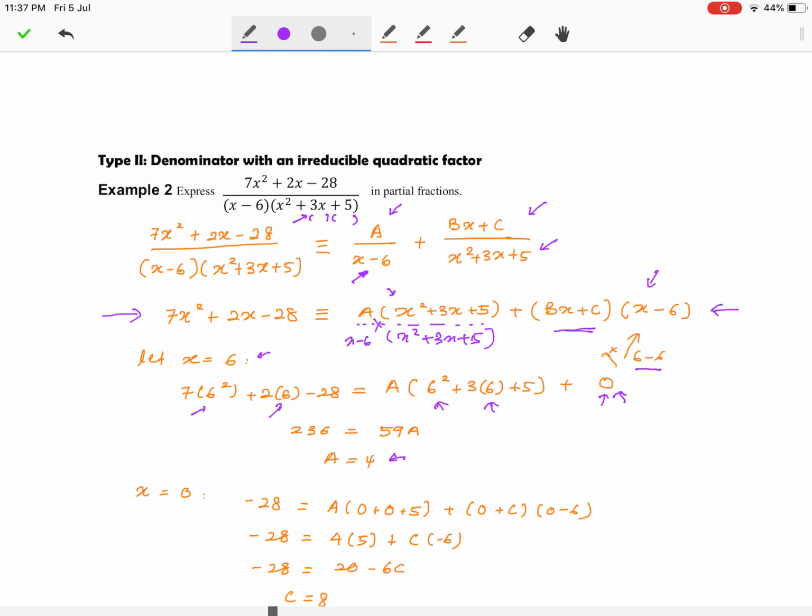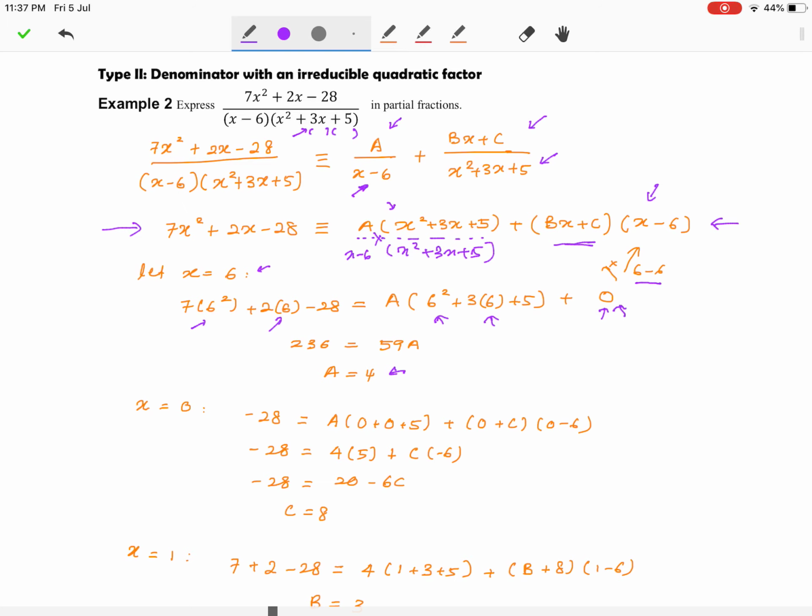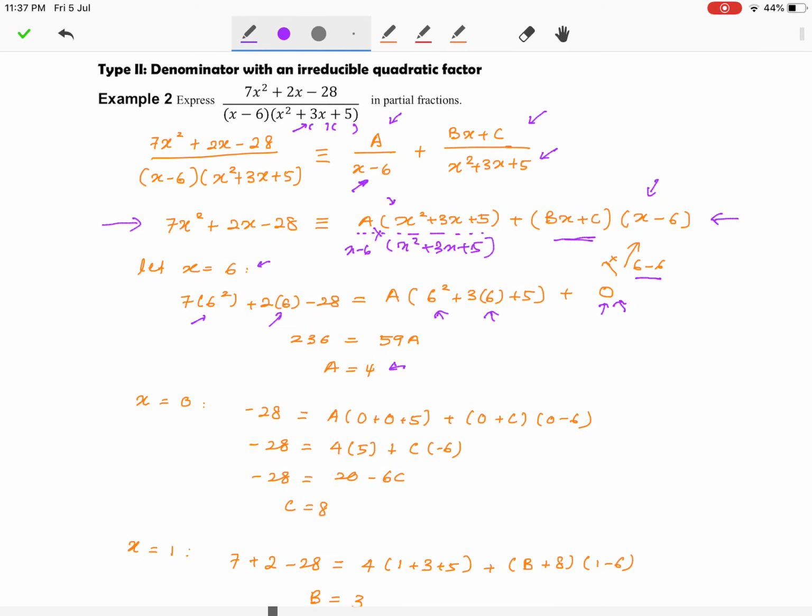Okay, so after you have found A, you start to wonder what to substitute next. I already have x equals 6. Whenever you cannot see which value of x to substitute next, always consider x equals 0. It might not always work, but most of the time that is the first value of x that you consider, 0 and 1.